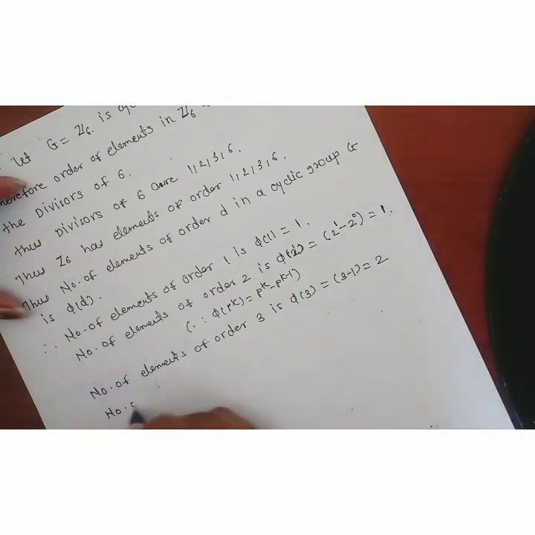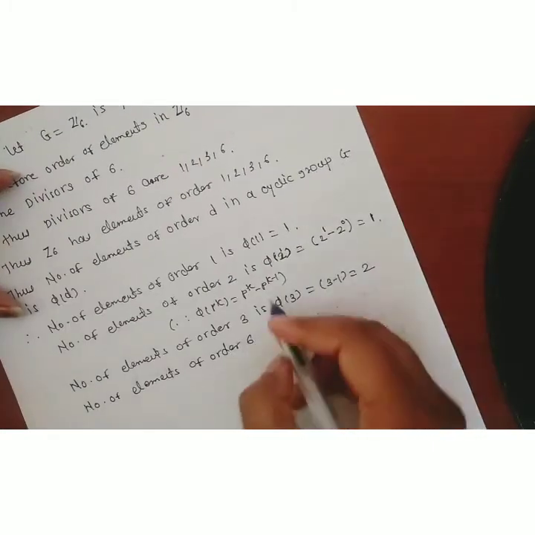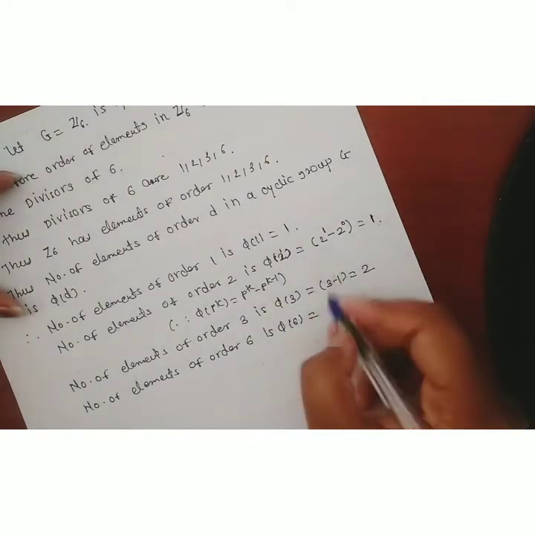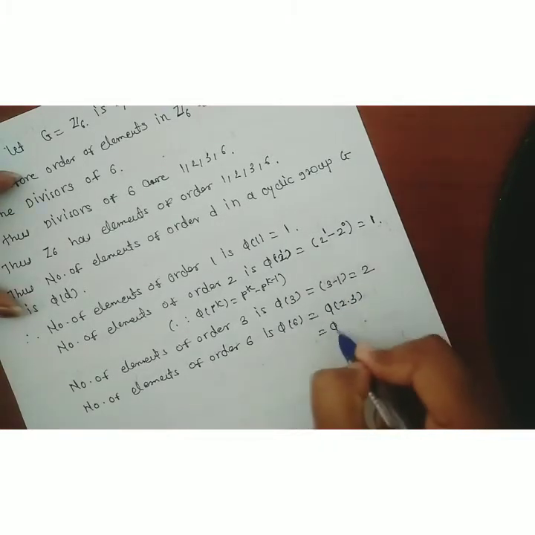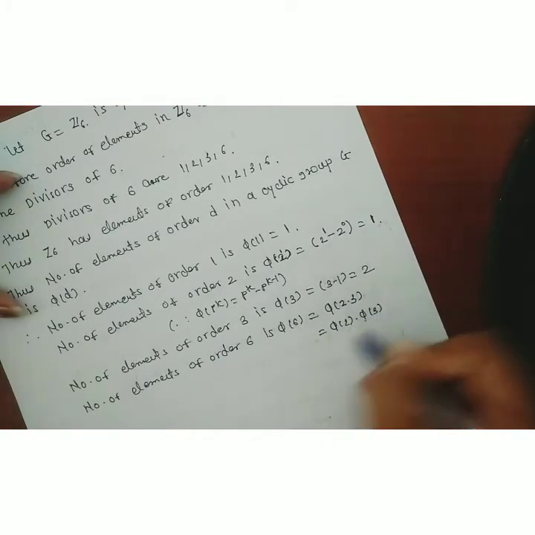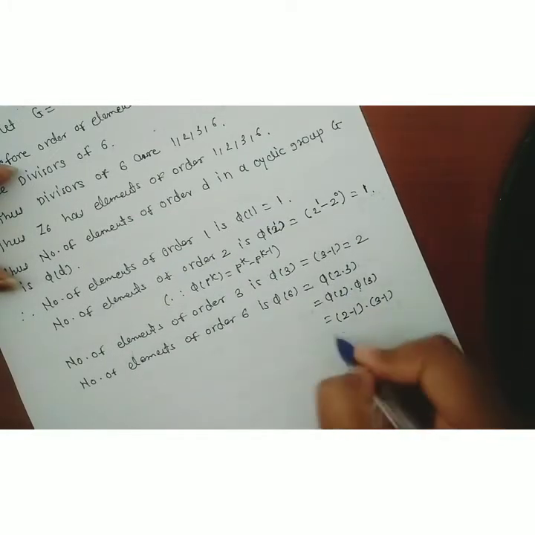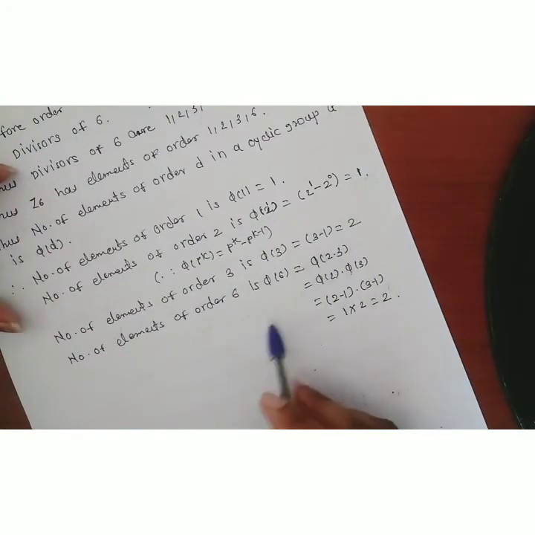Then the number of elements of order 6 is phi of 6. Phi of 6 can be written as phi of 2 into 3, which is phi of 2 into phi of 3. Phi of 2 is 2 minus 1, phi of 3 is 3 minus 1, so it is 1 into 2, which is 2. Thus the number of elements of order 6 is 2.